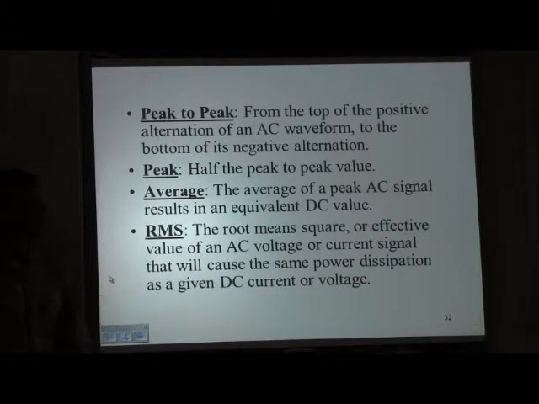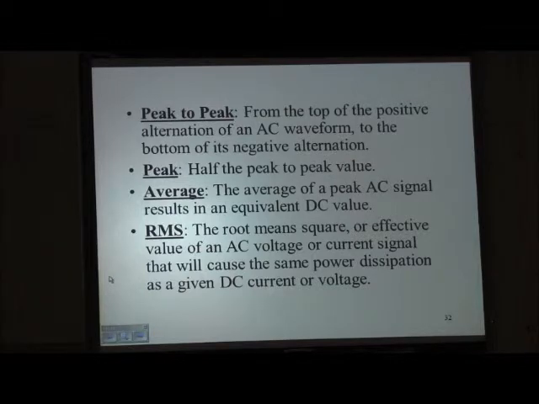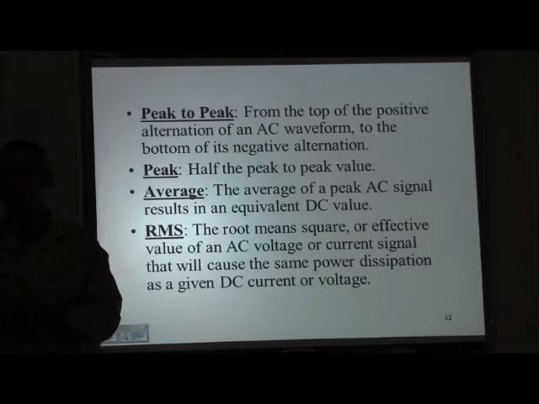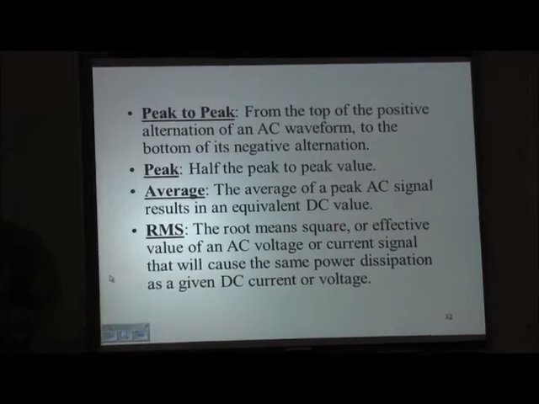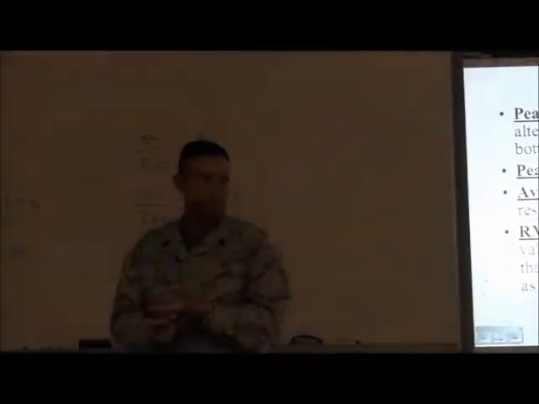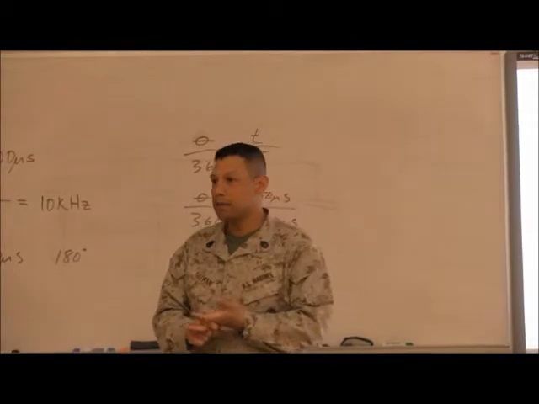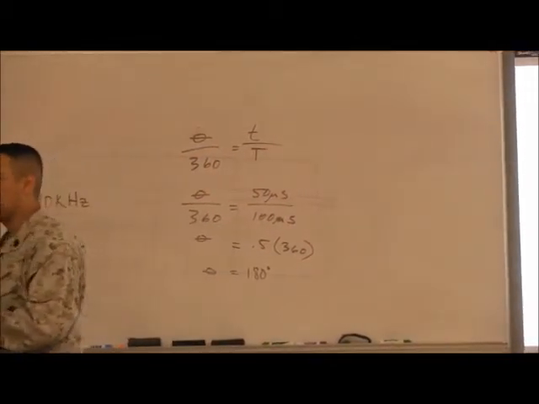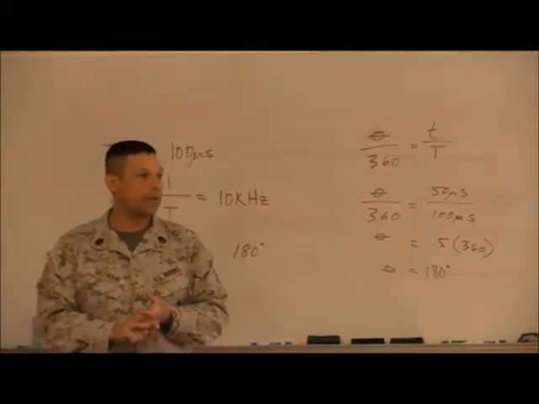Converting between voltages, this is really important. You've got to know the half-watt chart. I always start at peak, and I always go to peak, because then I only have to remember two things. I know peak to peak is 2 times peak. That's easy. But RMS is 0.707 and average is 0.637.